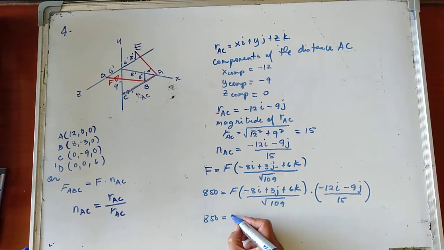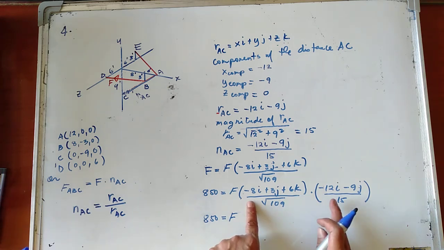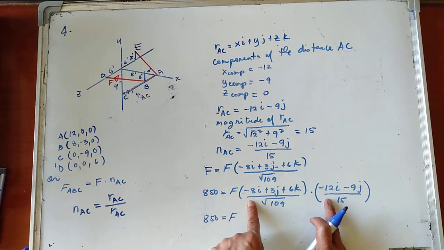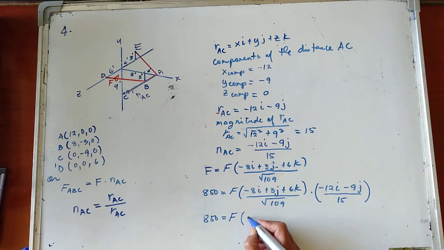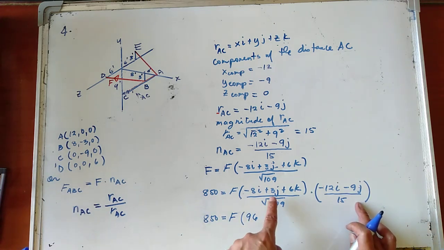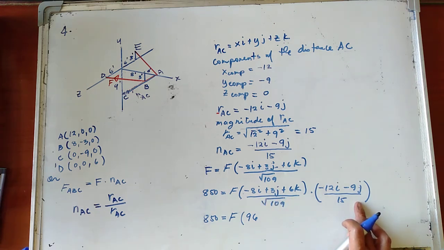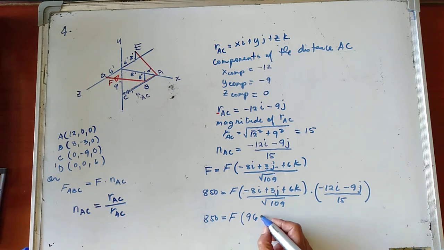So we now have 850 equal to F. So we have 8 multiplied by 12, minus and minus is positive 96. Then for j, 3 multiplied by minus 9 is equal to minus 27.